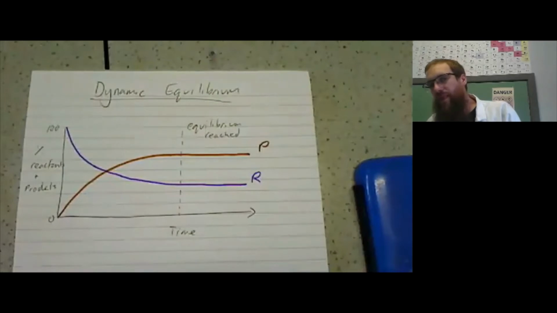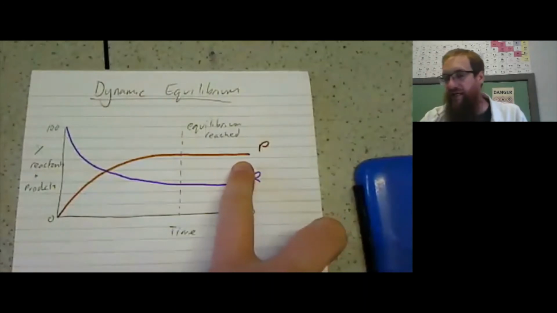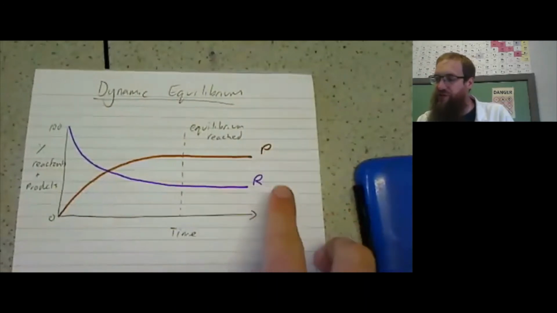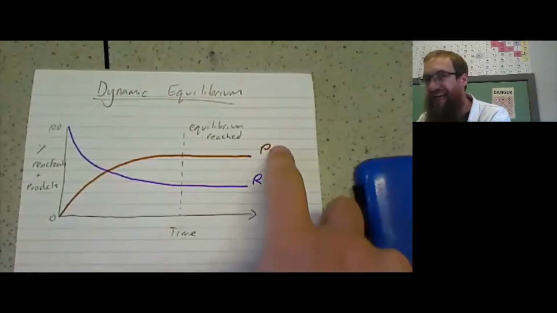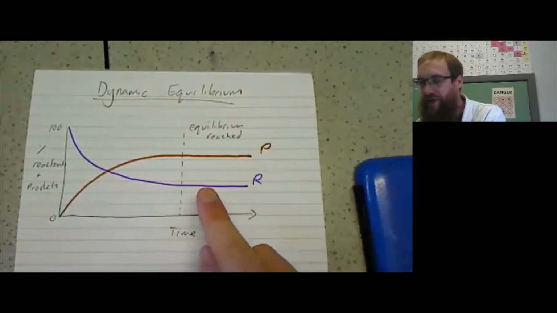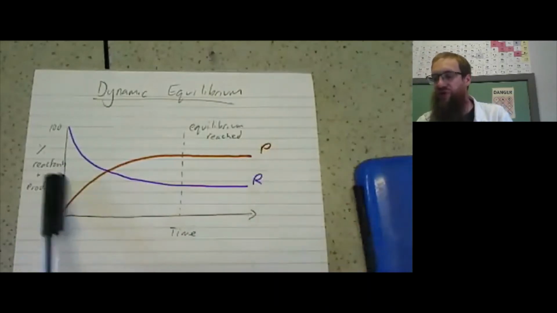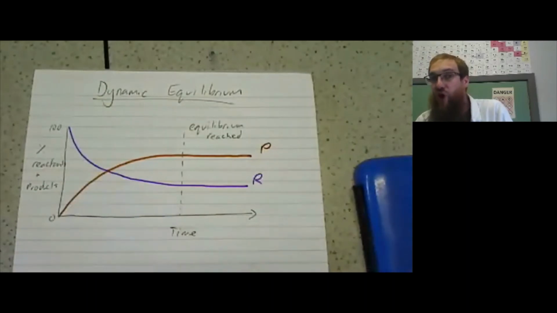Now, it's really important to know that at this point, the reaction hasn't stopped. It hasn't finished. The products are still turning into reactants, and reactants are still turning into products. It's just that they're happening at exactly the same rate. So overall, there's no change in percentage, but it hasn't stopped. It's still going. That's a really important point to take on board.